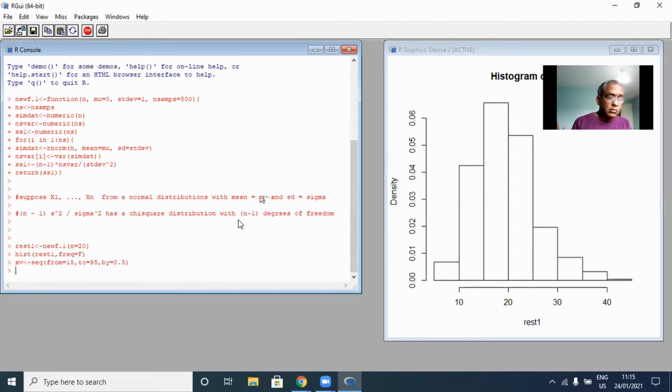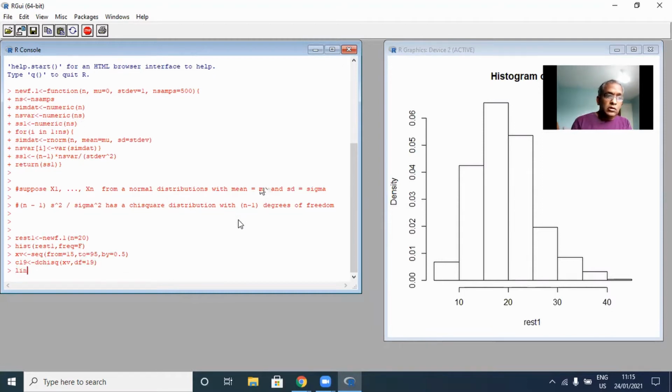Then I will compute C19, which is the density of the chi-square at xv with degrees of freedom equal to 19. Now I'm going to use the lines command to plot the PDF of chi-square on top of the histogram: lines xv C19.